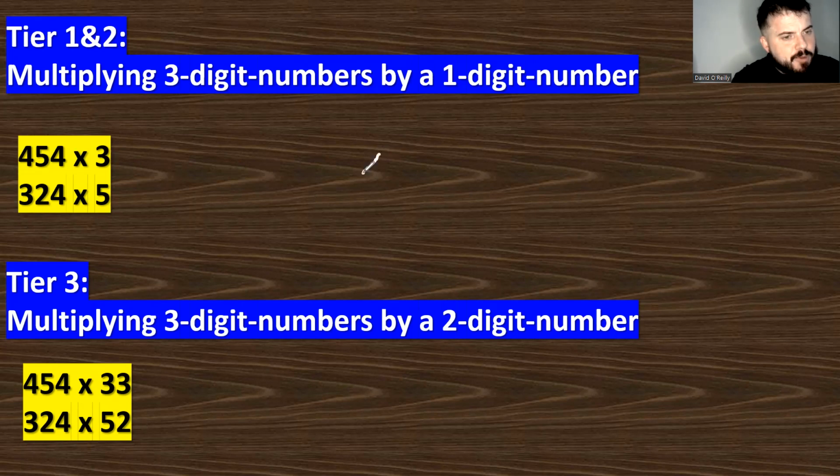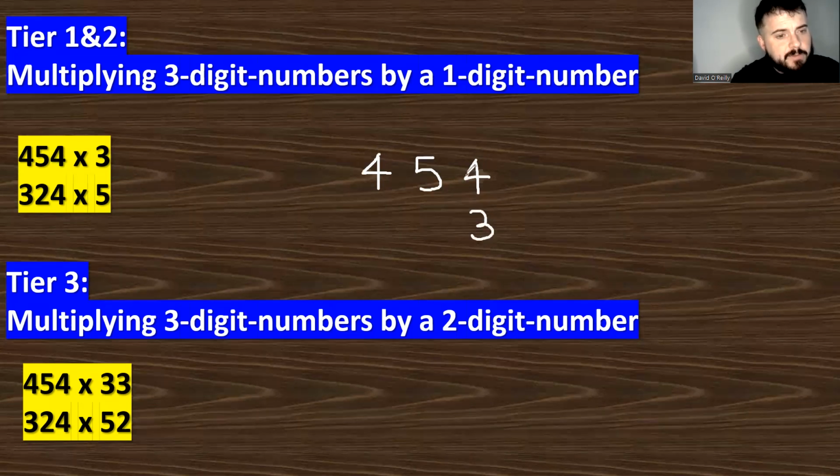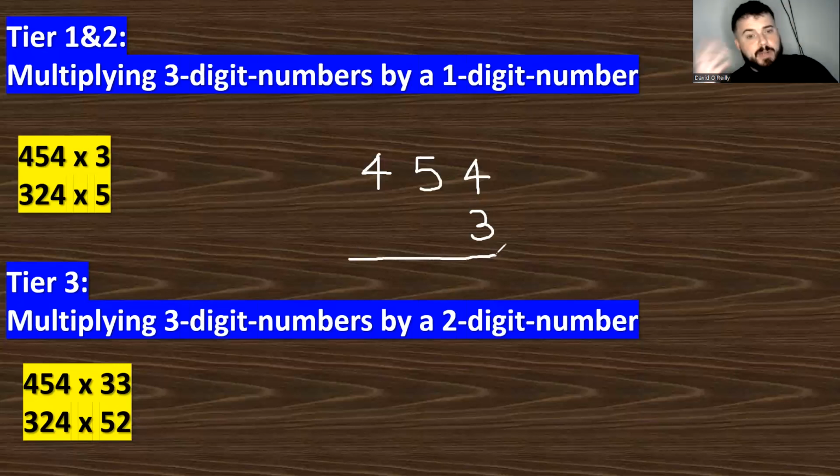Now we must write it out properly. If we don't set it out properly, our answer goes wrong. So at the top, I'm putting the bigger number, 454, and then underneath I'm putting 3. I'm multiplying 454 by 3. Why do we set it out like that? Well, we set it out according to place value.